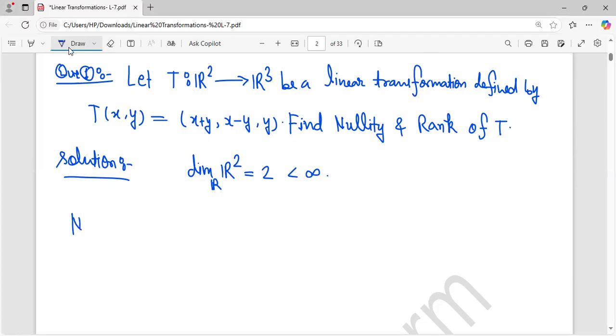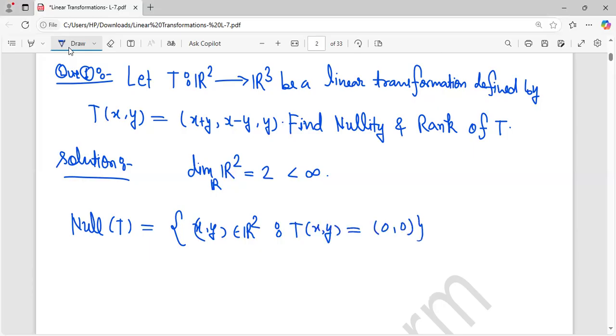So what is the null space of T? Null space of T is the set of (x, y) belonging to R square such that T(x, y) is equal to (0, 0).